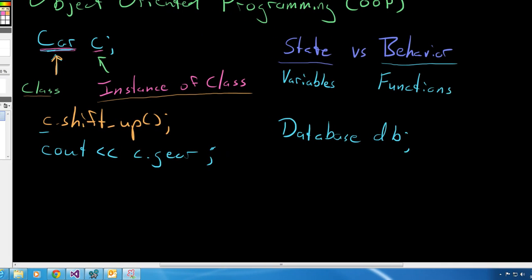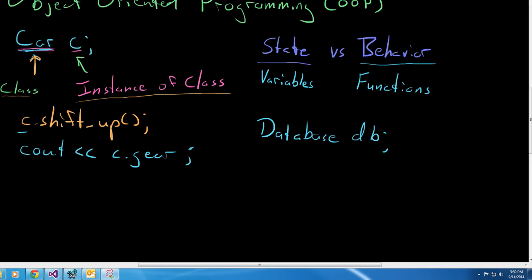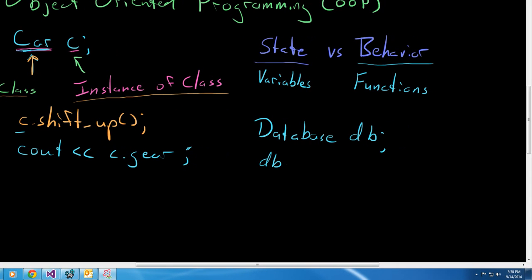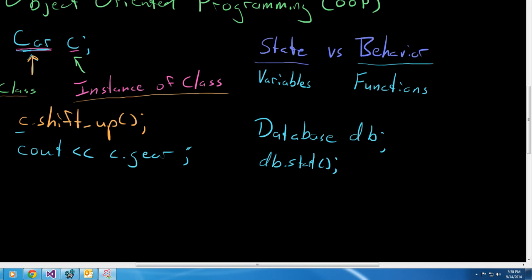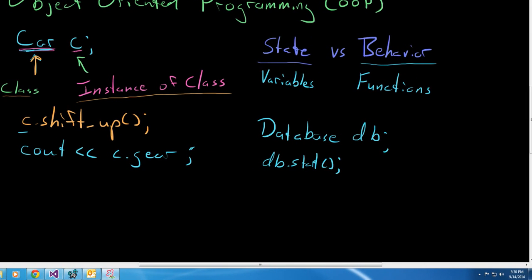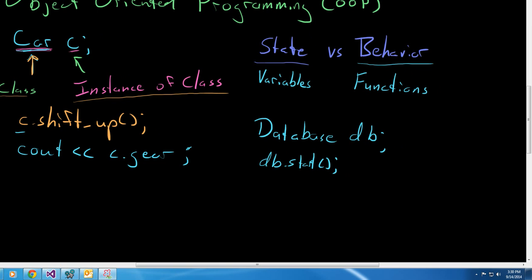It starts off with no connections, and then we might call db.start, and then it brings it online, and then people might connect to that database, and so the state changes. It might go from 0 connections to 5. We might insert records into that database. So we'd have a function that would insert records, and then the state would change.